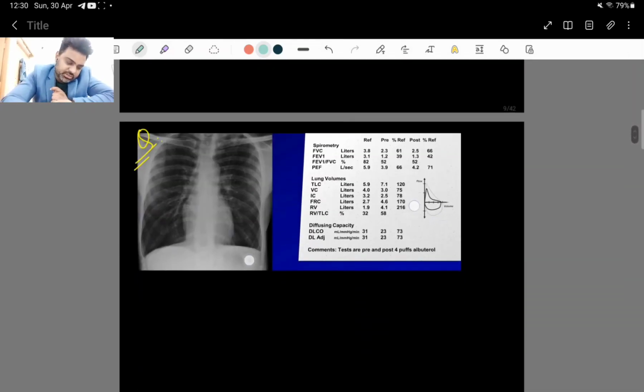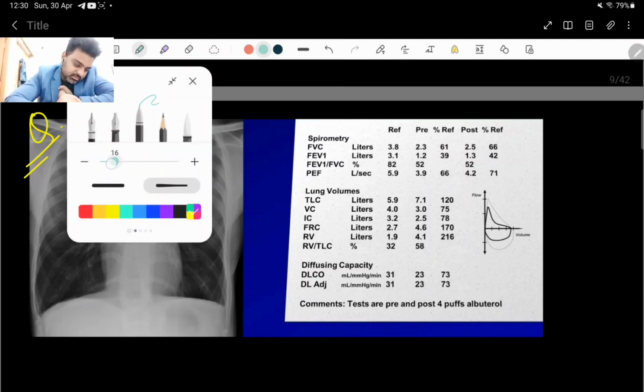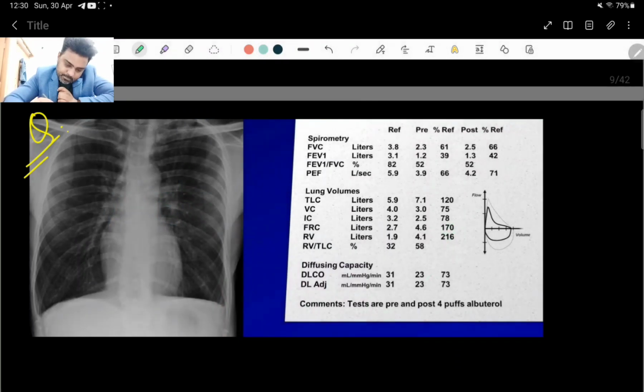Now coming to this question, very good question. Don't see the X-ray, first see this PFT finding. Now I'll tell you, this reference means that this patient, according to the age, height, weight, the value should be this.